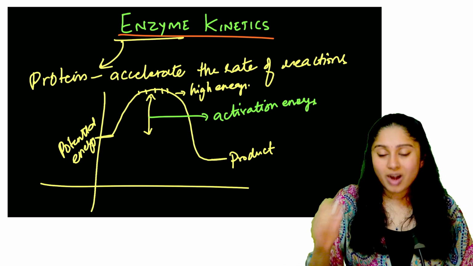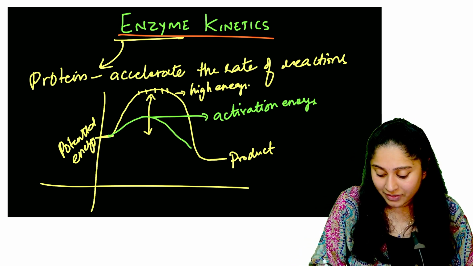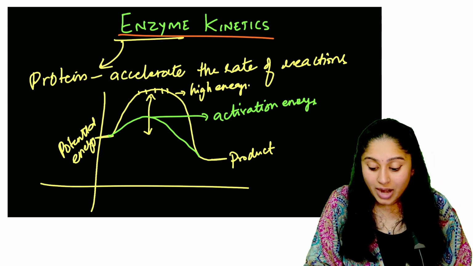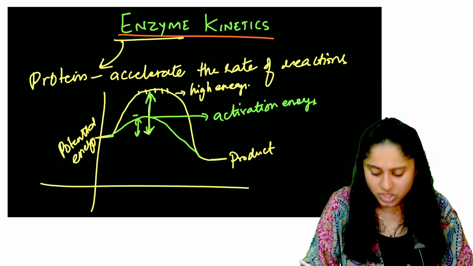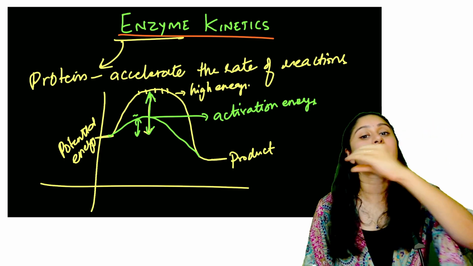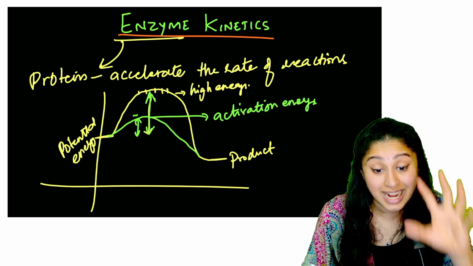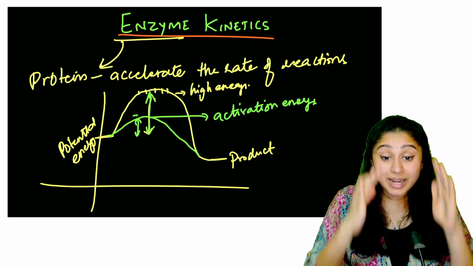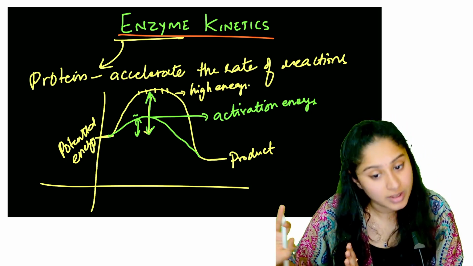What the enzyme does is lower this activation energy. So I don't have to wait for so much energy, only so much is enough for me. When my activation energy is lowered, the rate of my reaction easily increases. That is exactly how enzymes bring the rate of the reaction to a much faster rate.